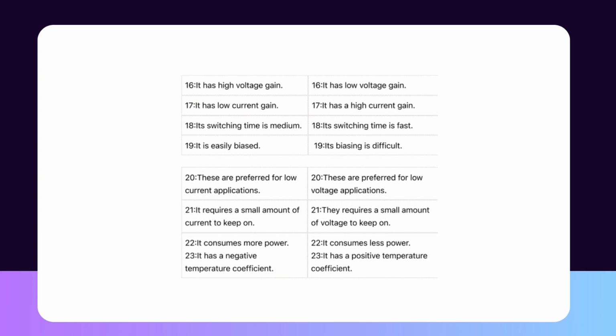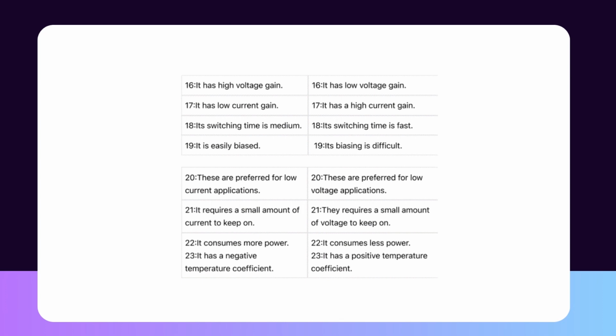The gain is very high in case of a BJT. It has high voltage gain and low current gain, while FET has low voltage gain but high current gain. The switching time is medium in case of BJT, while in FET the switching time is fast. The BJT is easily biased while in FET the biasing is difficult.